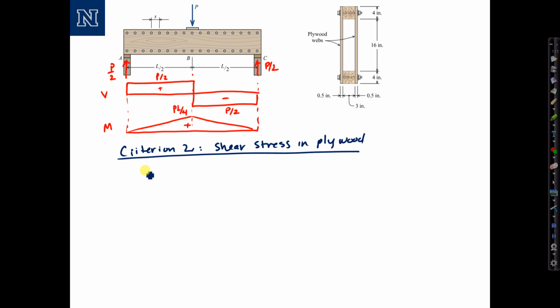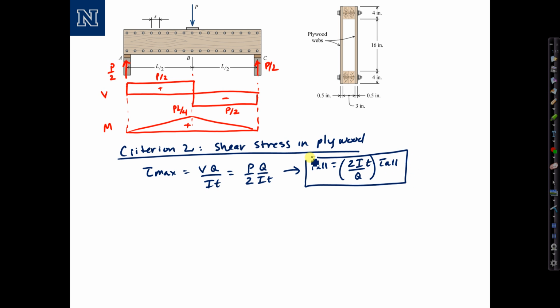For this we can use our equation tau max equals VQ over IT, and we'll go ahead and substitute the maximum shear, which is P over 2 times Q over IT. Solve for P allowable. P allowable equals 2IT over Q times tau allowable. So that's our second consideration.